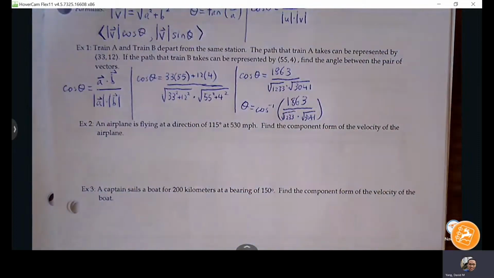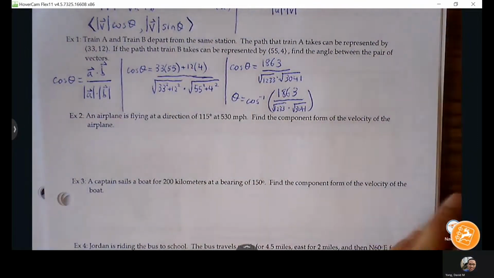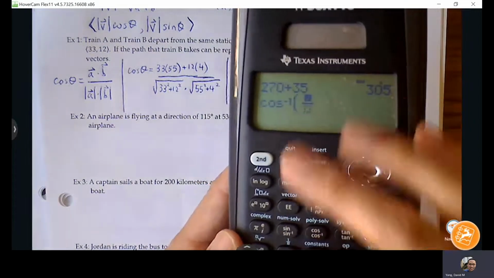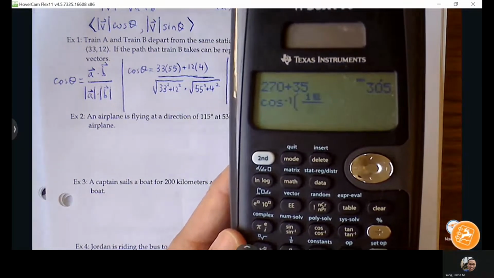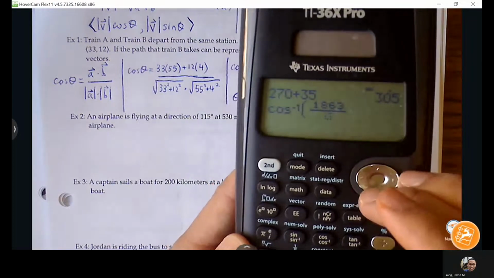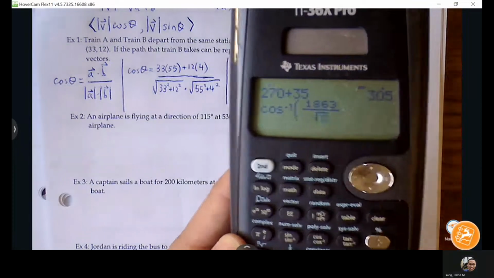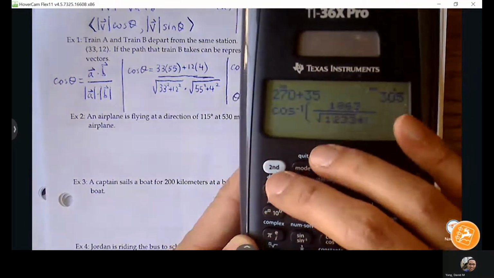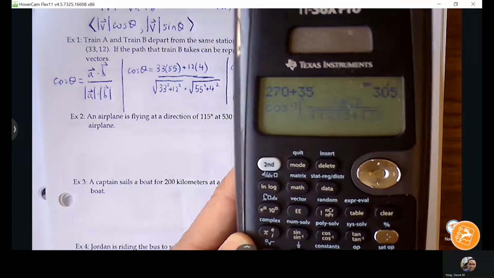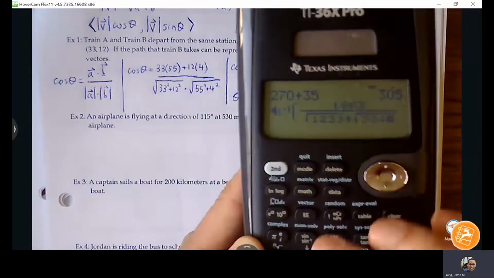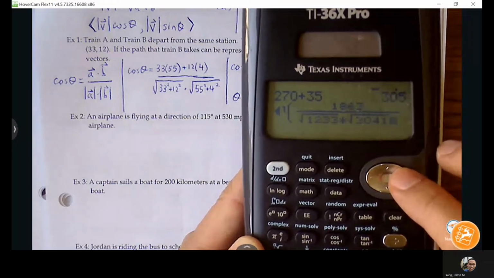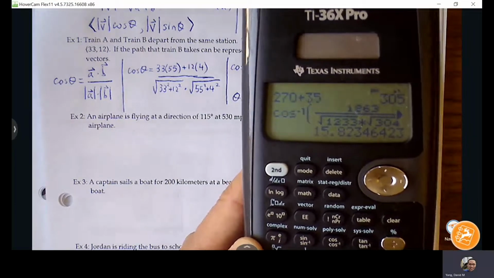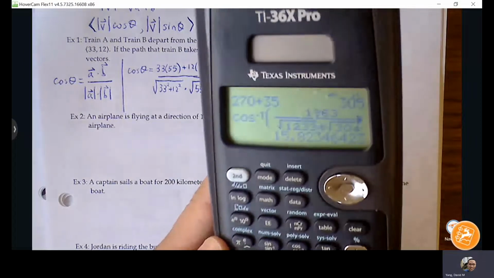Make sure you're in degree mode. 15.823 is what I have.